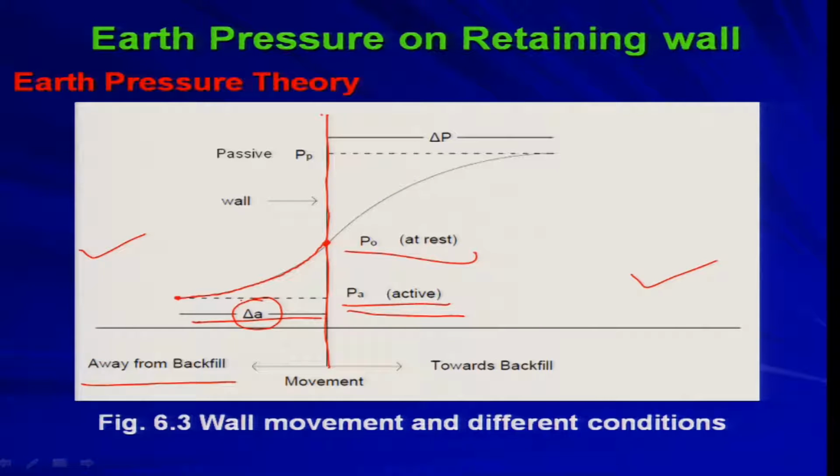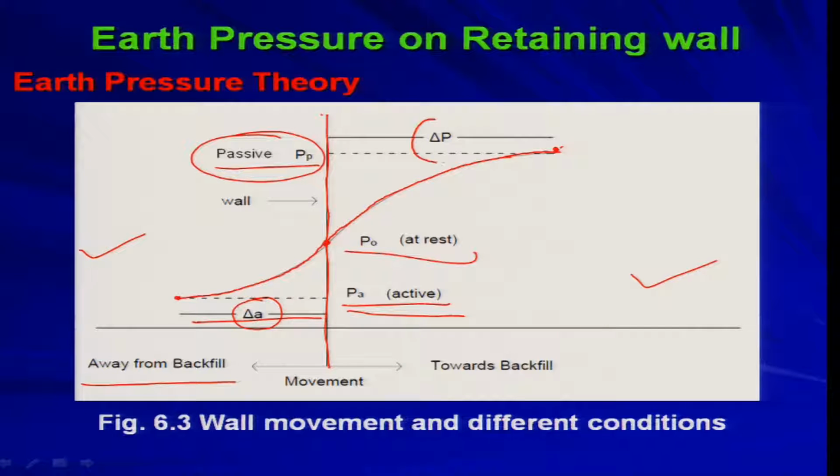Similarly, if you start from the rest condition and start pushing the wall, your earth pressure at passive condition goes on gradually increasing, as I told you, right. Passive pressure will gradually increase, and at the ultimate state you will get the ultimate passive pressure, that pressure is known as PP, okay.